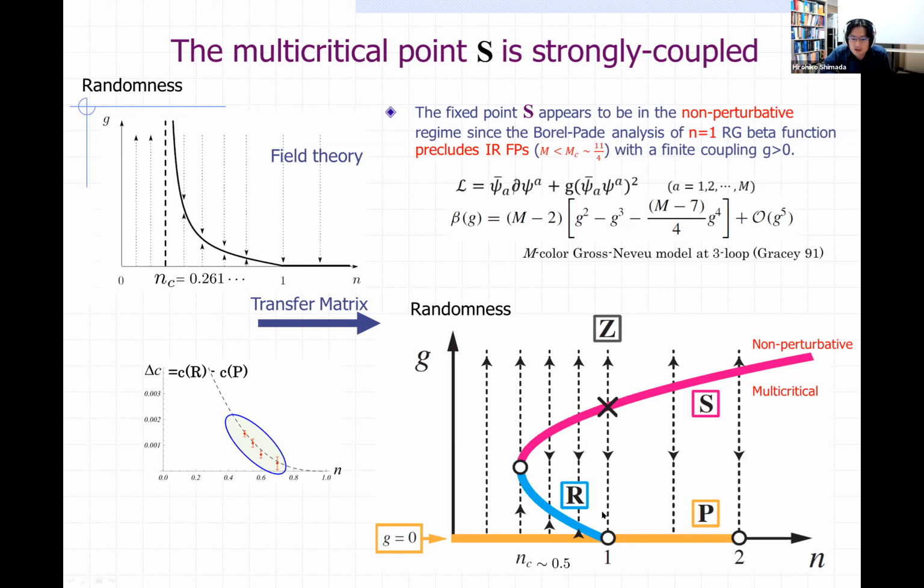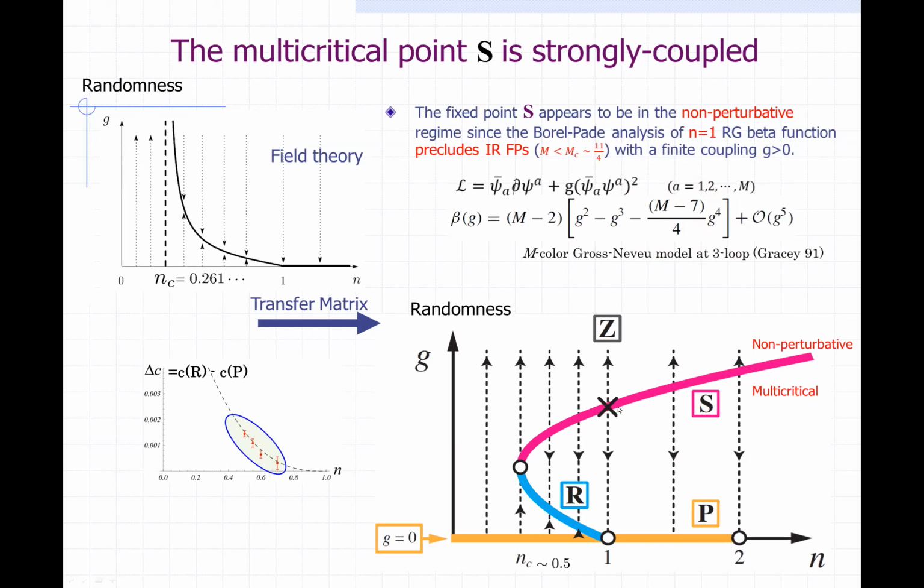At the random bond Ising model case, this beta function is known for general M, and we can do the analysis for generic M. But if M is below something like 2.75, this infinite fixed point disappears. I mean, the fixed point with positive coupling disappears. So this means that the phase diagram changes, right?